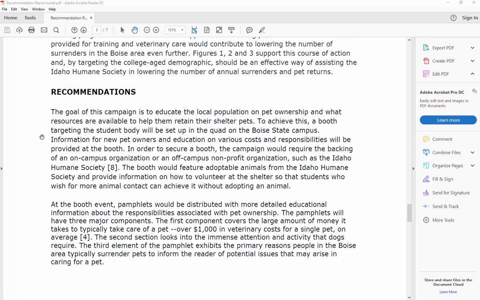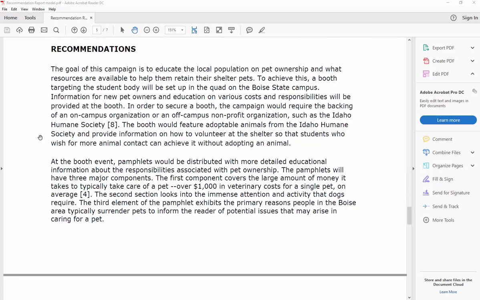So they're recommending a campaign to educate the local population on pet ownership and what resources are available to help them retain the pets that they have adopted from a shelter. And then they start going through the details of what that would look like. Here is where you get very detailed about what you think your program or the action that you want to take would look like, and how to go about implementing it.